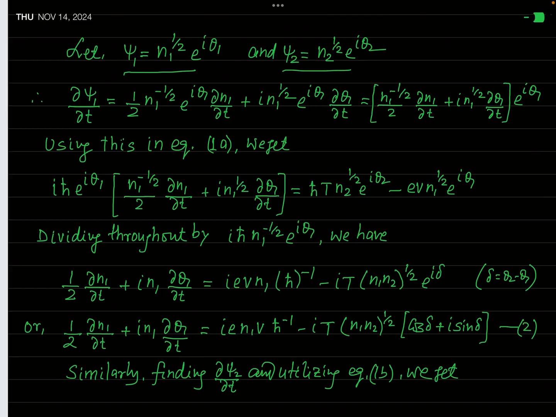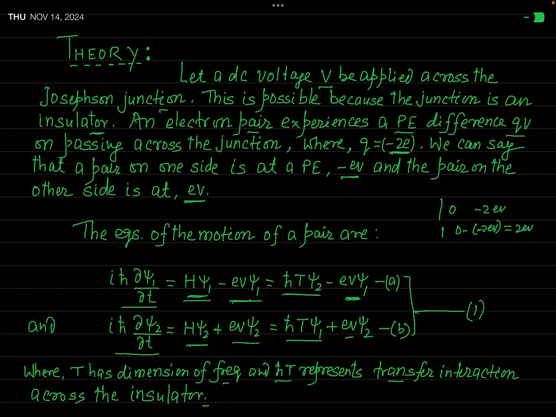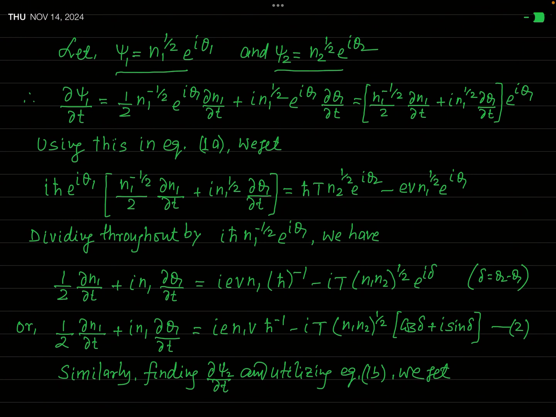Now, as our equation of motion contains the terms del psi1 by del t and del psi2 by del t, from these expressions for psi1 and psi2 we will first find the partial derivatives of psi1 and psi2 with respect to t. So let us try to find it.